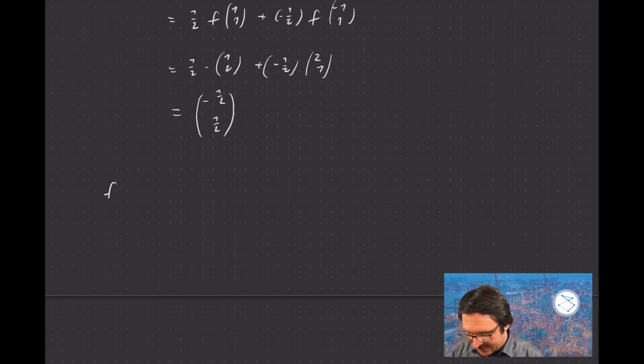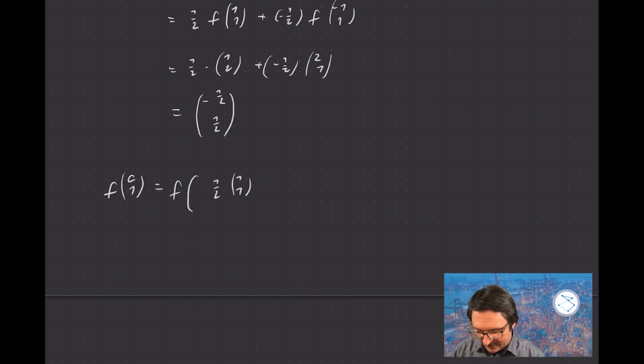And we can do the same thing to obtain the image of (0, 1). Now (0, 1) can be represented as 1/2 times (1, 1) plus 1/2 times (-1, 1). So this is exactly equal to (0, 1).